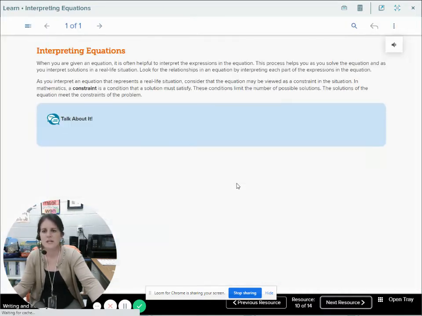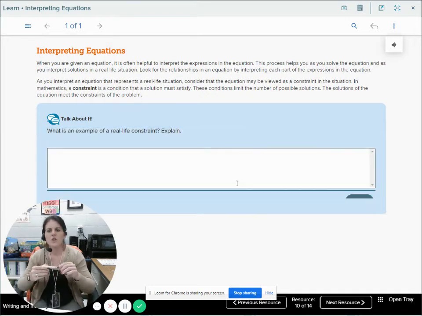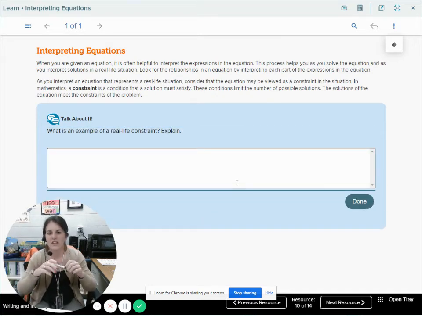Let's look at interpreting equations. When you're given an equation, it's often helpful to interpret the expression in the equation. This process helps you as you solve the equation and as you interpret solutions in real-life situations. So look for the relationship in the equation by interpreting each part of the expressions in the equation.